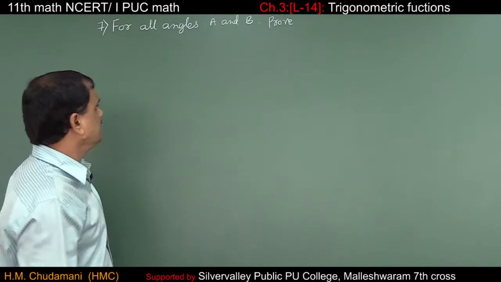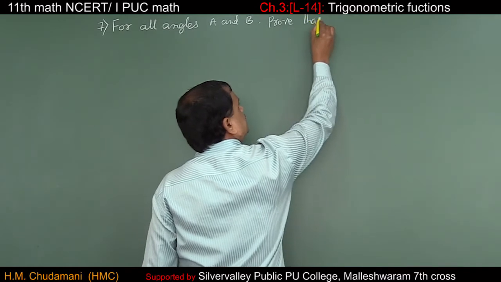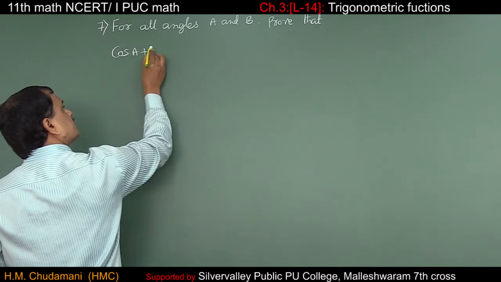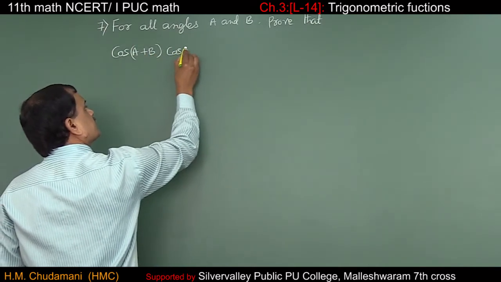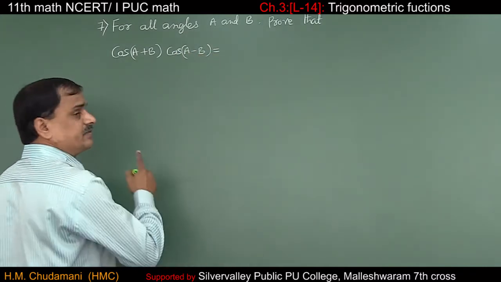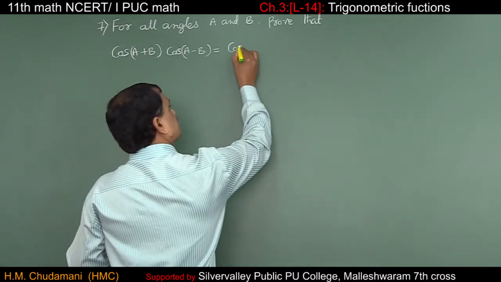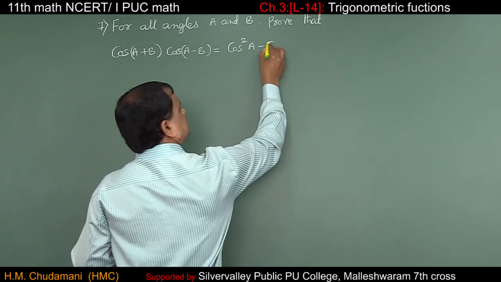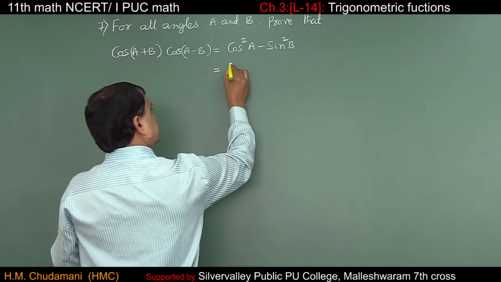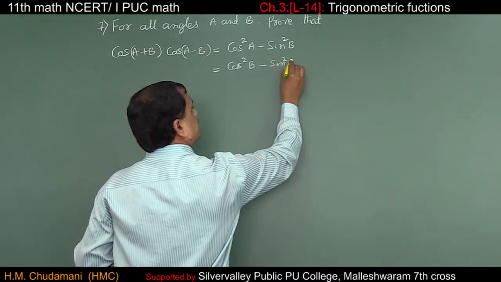Seventh problem: for all the angles a and b, prove that cos of (a plus b) into cos of (a minus b) is equal to cos²a minus sin²b, and the second case cos²b minus sin²a.